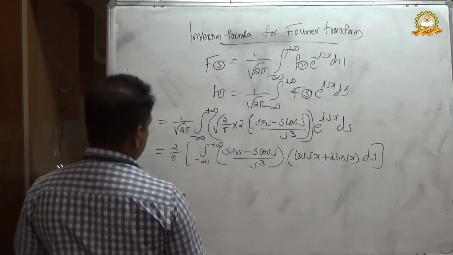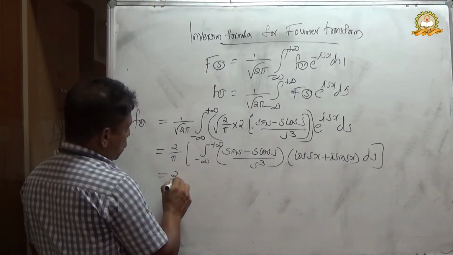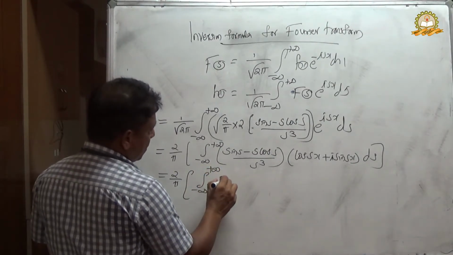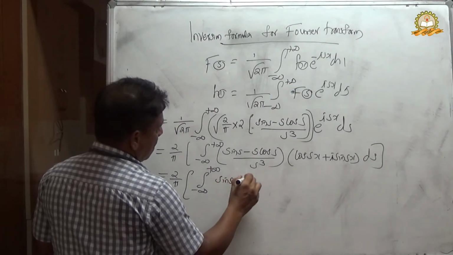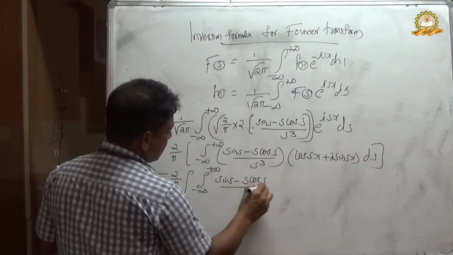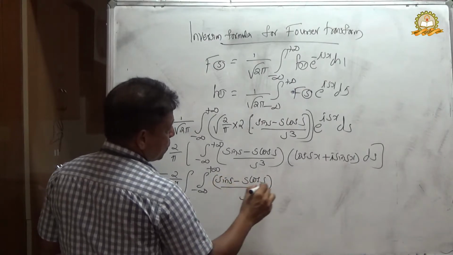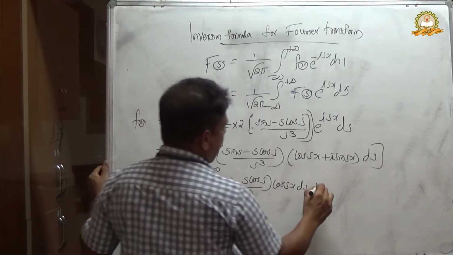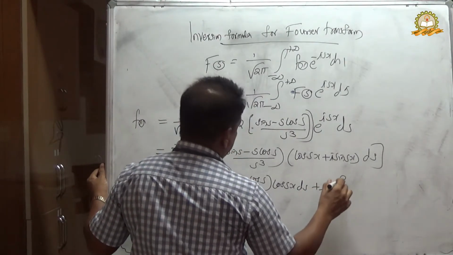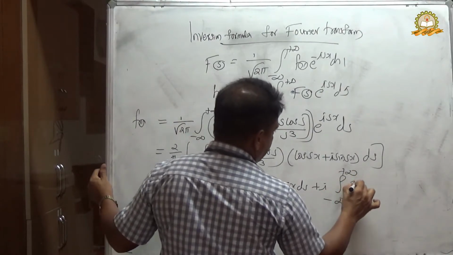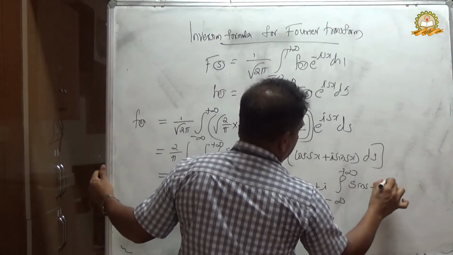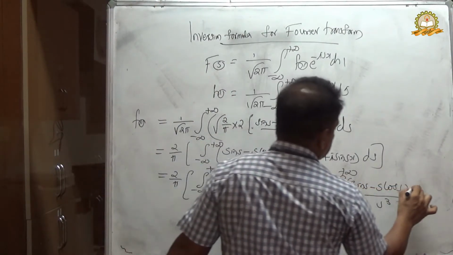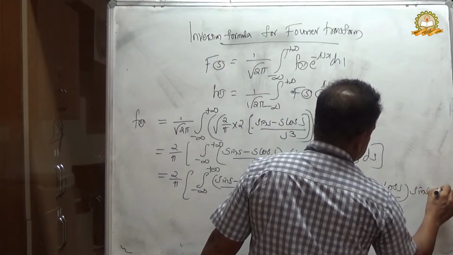Then we multiply 2 by pi into integral minus infinity to plus infinity sin s minus s cos s by s cube cos sx ds, plus i into integral minus infinity to plus infinity sin s minus s cos s by s cube sin sx ds.